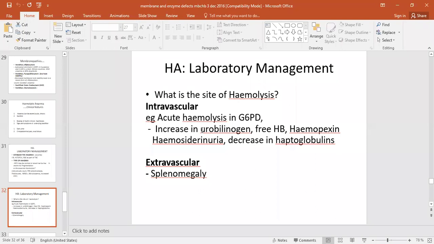If it is extravascular, you tend to see splenomegaly, because then the reticuloendothelial system gets involved. For the other causes, it could also be intravascular, and we know that some of the enzyme disorders could also cause intravascular hemolysis, especially G6PD when it causes an acute hemolytic picture. And so you can look at other laboratory parameters that may be necessary at that point.